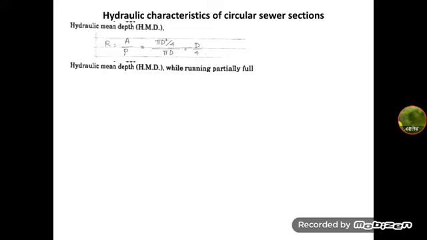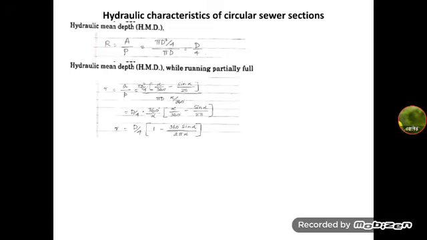Next one is hydraulic mean depth. Hydraulic mean depth is nothing but area of circular sewer by wetted perimeter. For running full condition, capital R is equal to capital A by P, we will get D by 4. For running partially full condition, then small r is equal to small a by small p.